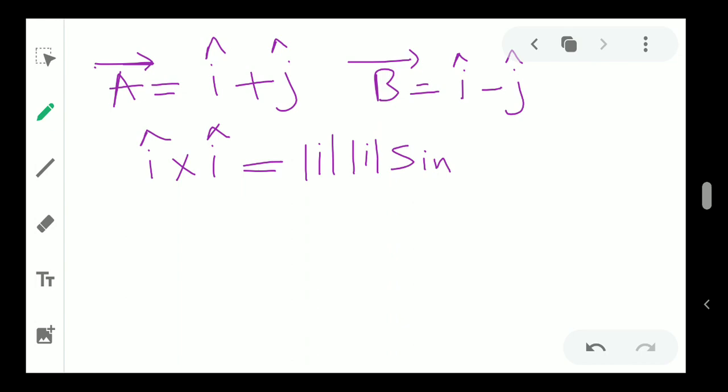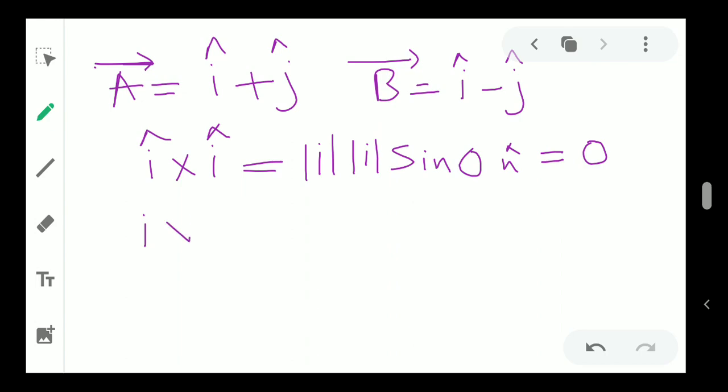Now the same unit vector i is making an angle 0 with itself. So sin 0 is 0, and obviously there will be some direction n cap, but basically the whole term is 0 in that case.